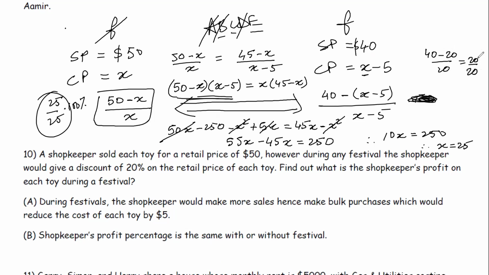So we just showed that the profit percentage is the same. And through that, we got to know the profit on each toy during a festival. So during a festival, the profit is $20. That's the answer. Okay. C is the answer, both together.